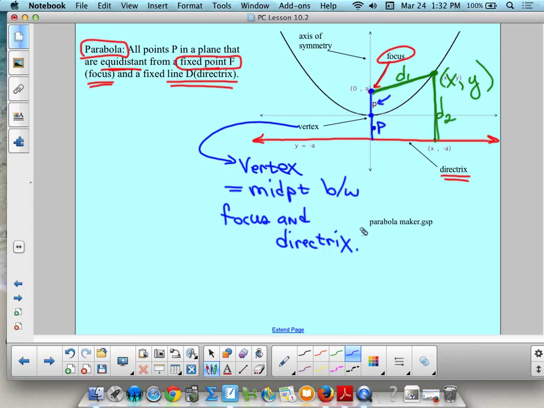So basically, if you are ever given the focus and the directrix, you will basically say the vertex is dead center, the midpoint. Just get the middle. That's the vertex. All right? There is also an axis of symmetry right here. The axis of symmetry is always going to be what cuts it in half. So that's the axis of symmetry. Stuff you already know about, okay?